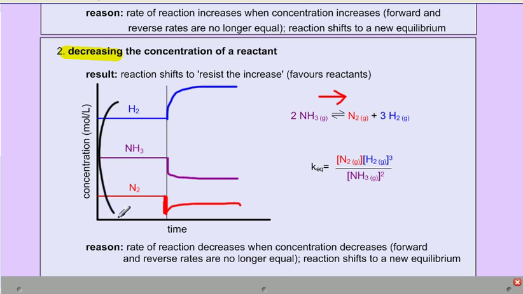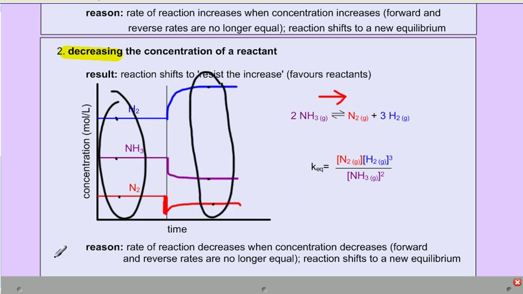And the same thing is true here that I said in the previous example. If you took these values and put them into your K expression, you would get a number for KEQ, which would be equal to the KEQ that you would get if you put these new equilibrium values into the expression. So that's how changing the concentration works.